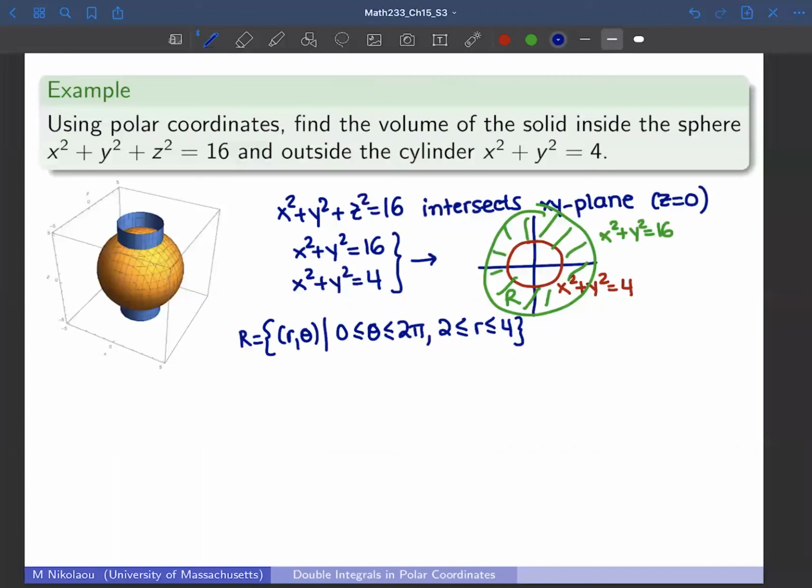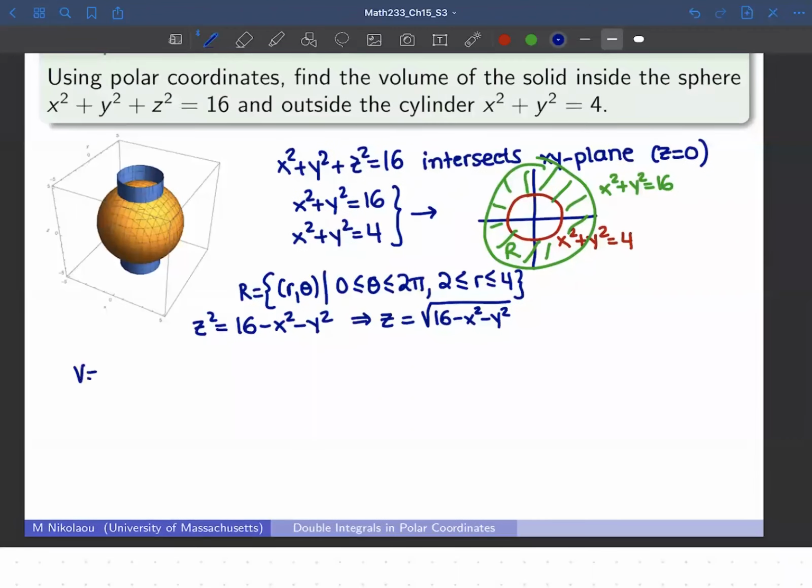If we solve the equation of the sphere for z squared, we have z squared equals 16 minus x squared minus y squared. So we take only the positive part: z equals the square root of 16 minus x squared minus y squared, which corresponds to the part of the sphere that lies above the xy plane.